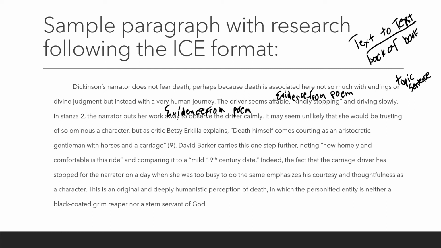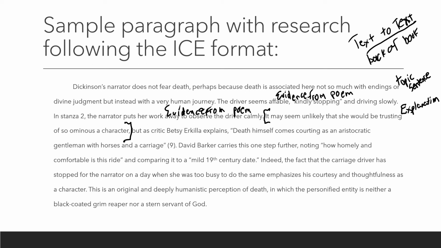It may seem unlikely that she would be trusting of so ominous a character. That little phrase right there in this particular paragraph is enough explanation. So E for the explanation part. The explanation of the poem. Number 2 in that list of 4 at the very beginning of this slide. So let me read that again.